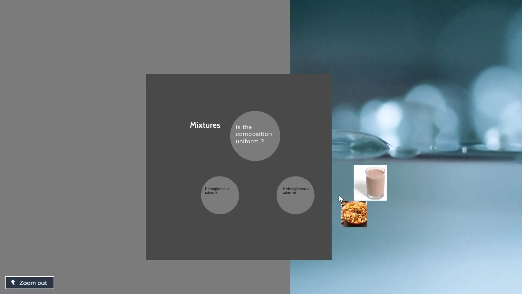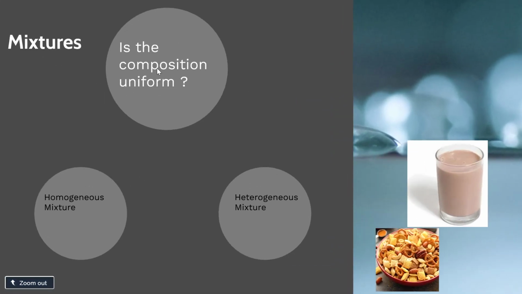So we'll go into mixtures, and the question for mixtures is only going to be, is the composition uniform? Okay? And if it's uniform, that means that it's the same all over. So here, if it's the same all over, then it's going to be a homogeneous mixture.